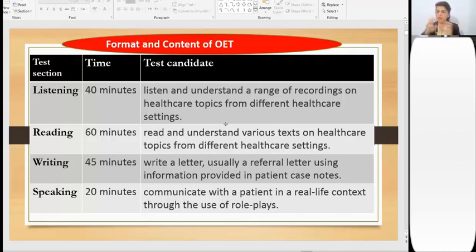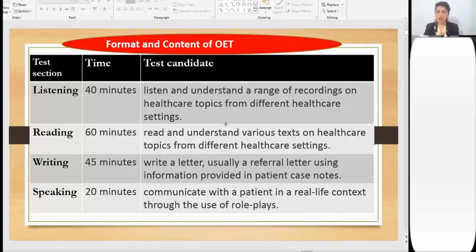For example, it might be about a communication between a doctor and a patient, or doctor and a nurse, or doctor and another medical professional, or a communication between two doctors in the workplace. Okay? For reading, you will have 60 minutes. You will read and understand various texts on healthcare topics from different healthcare settings.